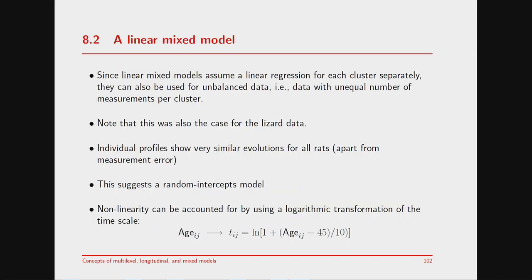So the transformation that we will use is this one. I will first subtract 45, so I shift all these values closer to the origin. Why 45? Well, that's the moment the randomization took place. That's the start of my experiments.